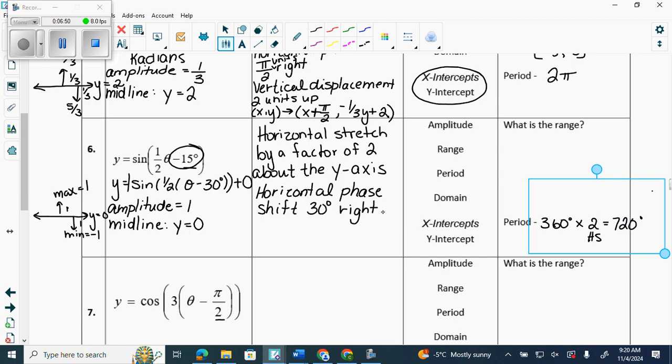Yes, I could use radians and degrees in these ones, correct? Okay, the amplitude, did it change? It was 1, it is 1. So it didn't change. What about the range? What about the period? What about the domain? No, it's x in the reals. So the only way the domain would change is if I give you a restricted one and then ask you to double it, right? What about x and y intercepts? Yes.